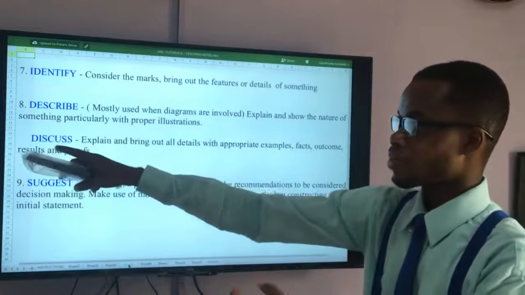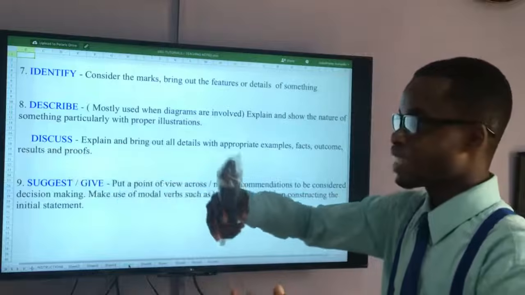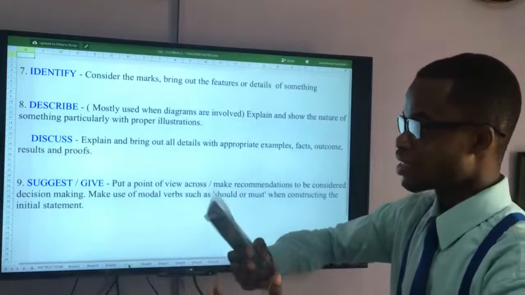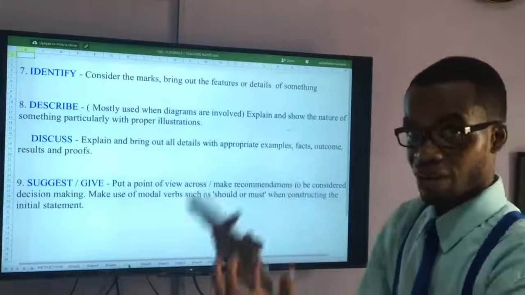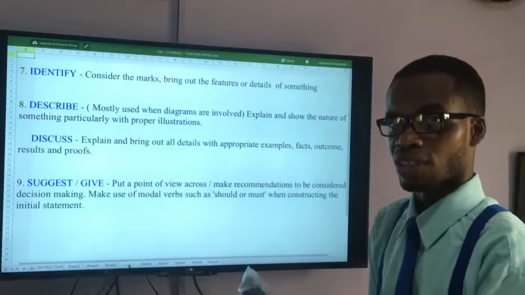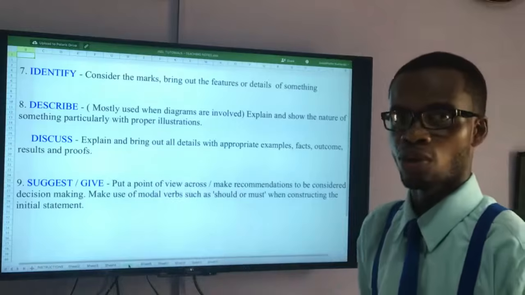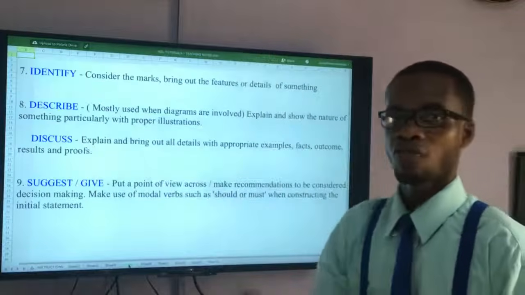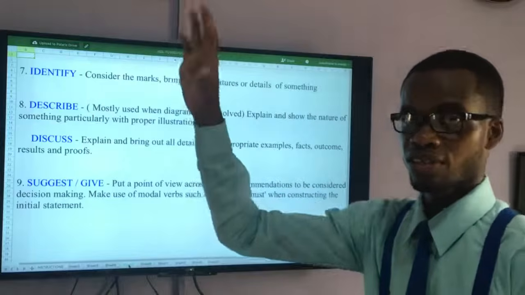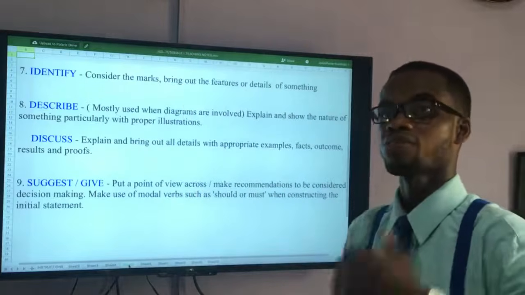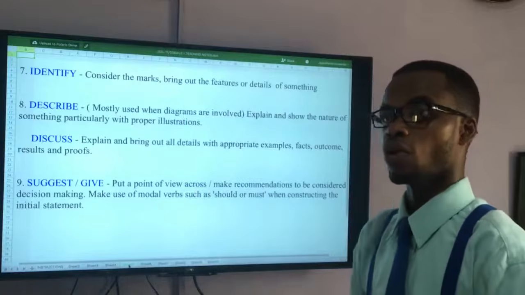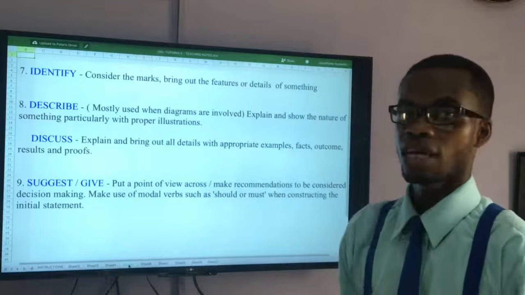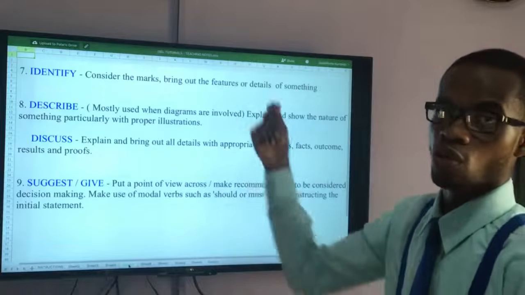With discuss, you combine explain and describe all together, because you are discussing the whole issue. Alright, so when you go to the higher level, tertiary, SHS, they use more of this because they are expecting you to explore, write more detail, and then give accurate examples. And you can even quote.